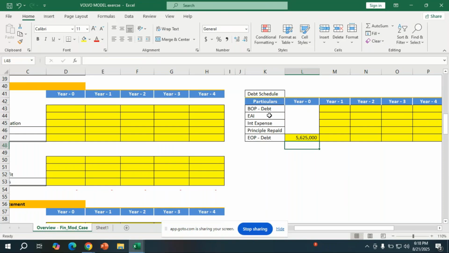In the same way, EAI is easy annual installments. So here now, end of the year zero, if my debt is 56 lakh 25,000, that debt becomes the debt for the beginning of the next year. Yes, so closing balance of the last year becomes the opening balance of the next year.